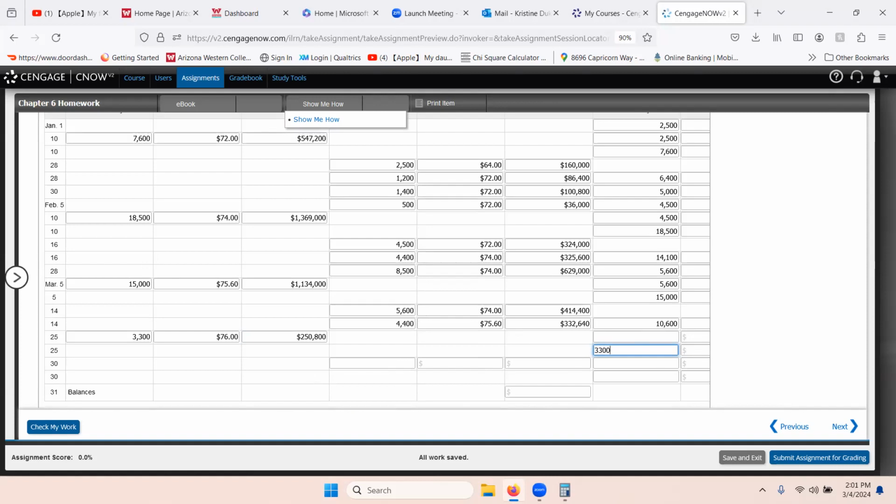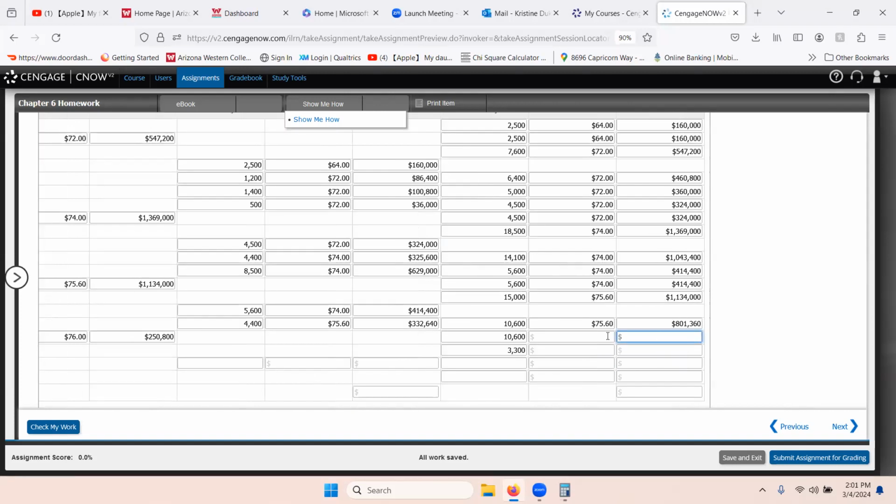I must. Okay. This one has 10,600 remaining. I'm going to tab over so I can see everybody. 75.6. This is the green batch. 801,360. And this is going to be our new batch. 76. And that is going to be 250,800. Makes me so happy.